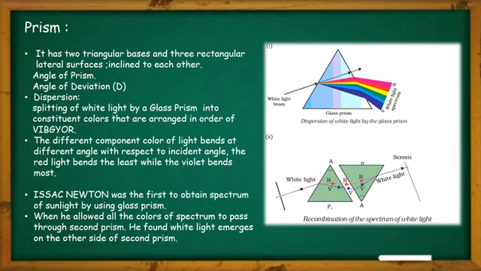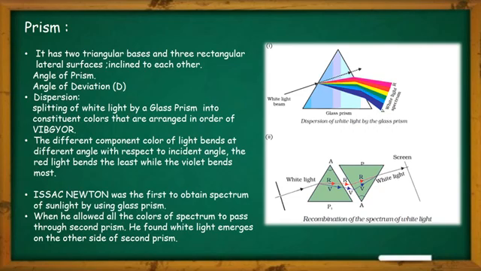There are different parts of the prism: the angle of prism, the angle of deviation, and when the light ray passes through it, the angle of incidence, angle of refraction, angle of emergence, and the incident ray, refracted ray and emergent ray. We will also learn about these parts in this topic.